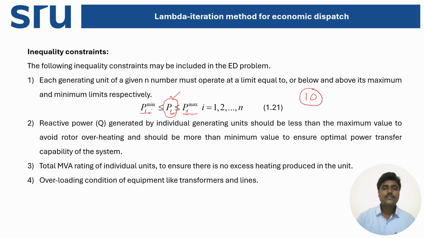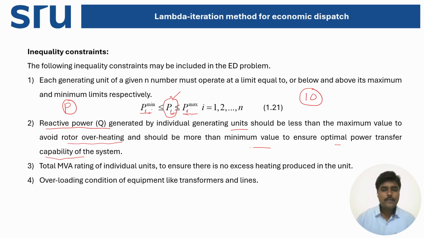So the first constraint is with respect to the active power output. And the second inequality constraint is on reactive power. The reactive power generated by individual generating units should be less than the maximum value to avoid rotor overheating, and should be more than the minimum value to ensure optimal power transfer capability of the system.